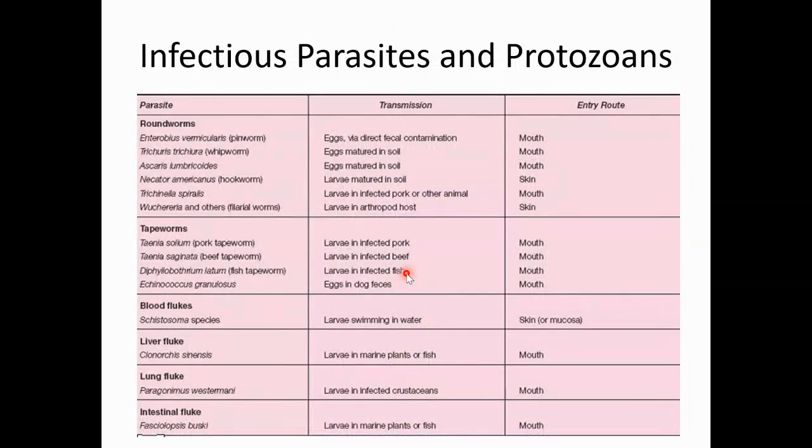The next is a parasite, an infectious parasite, or protozoans. It can range from just a one-cell protozoa to a worm, to a large worm. A parasitic worm is referred to as a helminth, H-E-L-M-I-N-T-H.